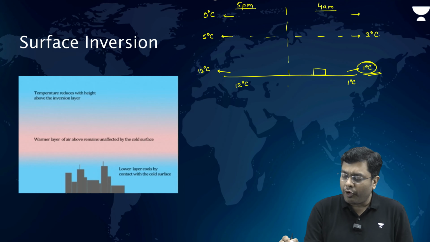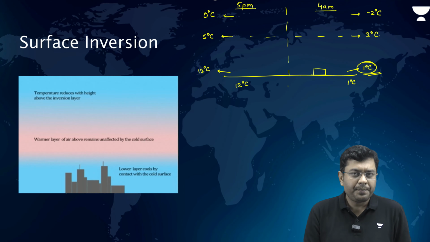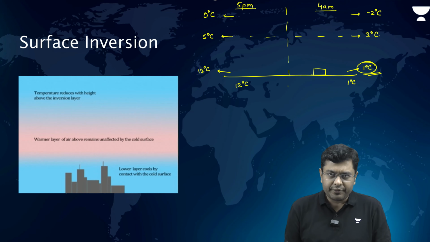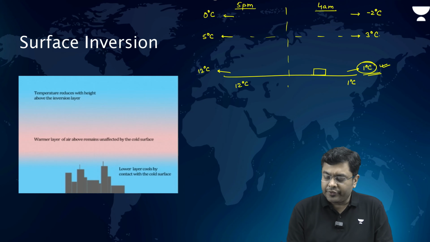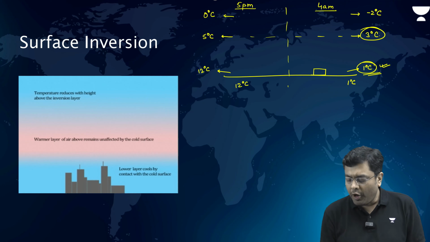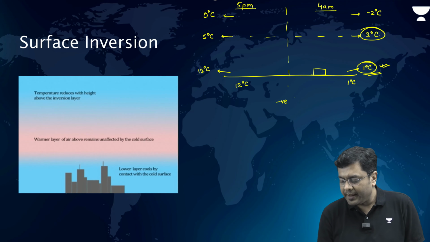Above it, from 0 degrees Celsius to minus 2 degrees Celsius. So what do you observe? That the ground surface air is cooler as compared to the air at an elevation. So this is a condition of what? Of a negative lapse rate.